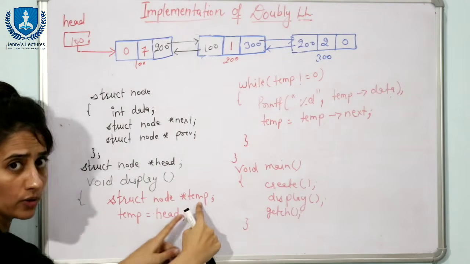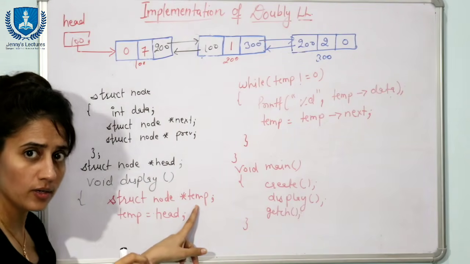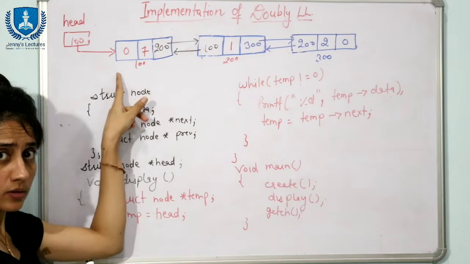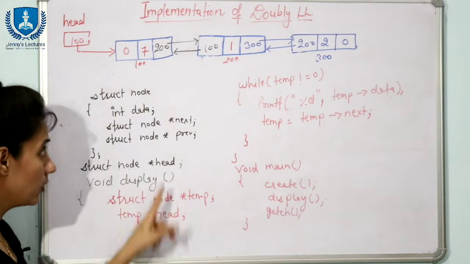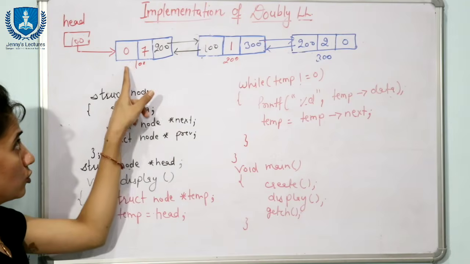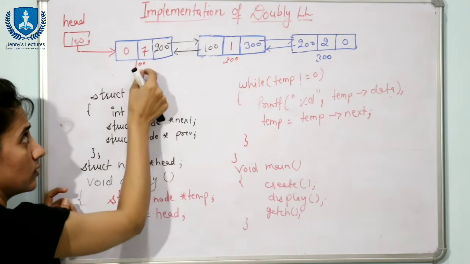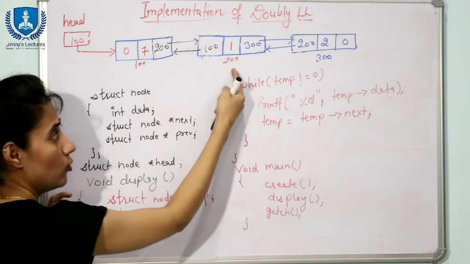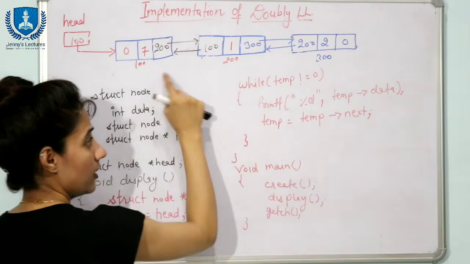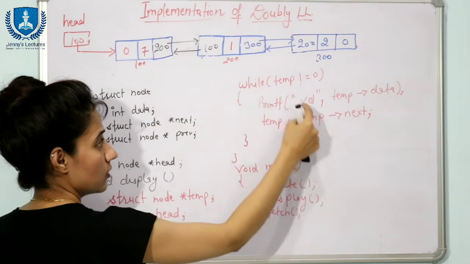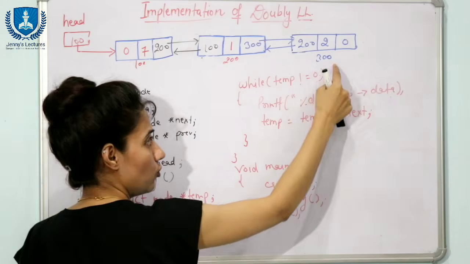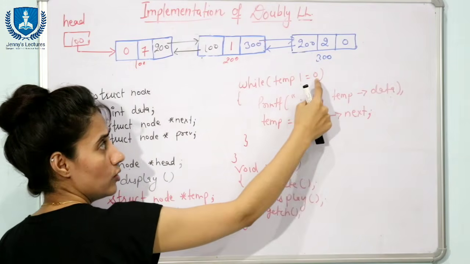We have taken one temp, another pointer. We are going to start here. First of all, temp is going to point from here. Temp is equal to head. So here, one by one we are going to print the data and then we will move temp. See, we are going to print the data, then we will move temp is equal to temp next. Then print the data, again we will move until temp is not equal to 0.